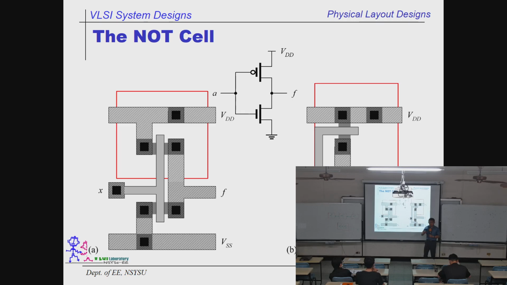So basically, you can see from these two figures, it's the same as well. They have the same W over L. Let me repeat again. For the P transistor in this design, they have the same size, just like the N transistor. They are equal size. It's a good one. Let's check it out.